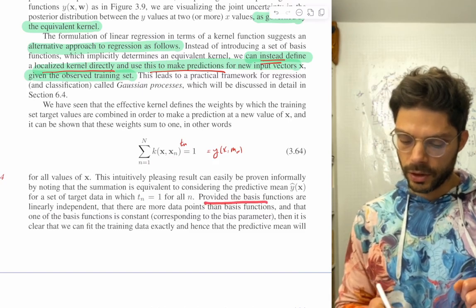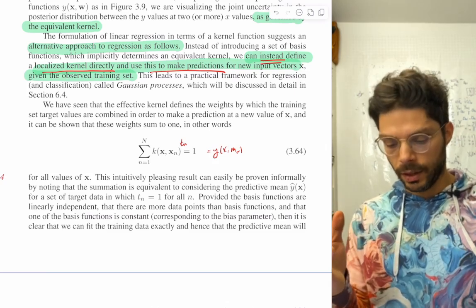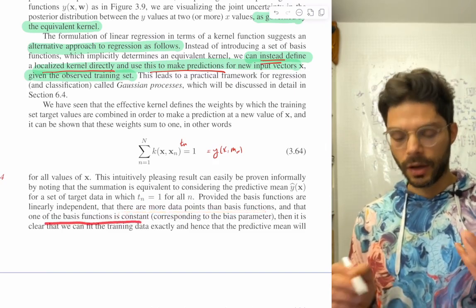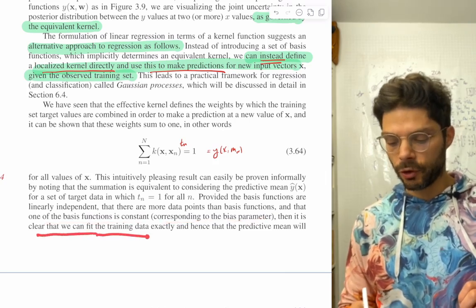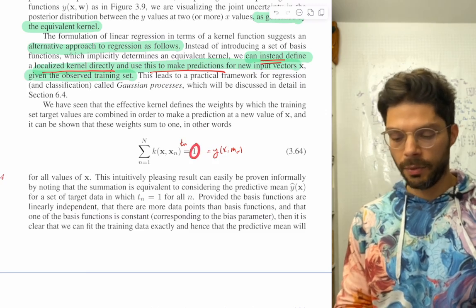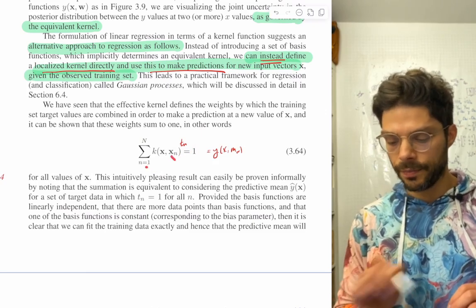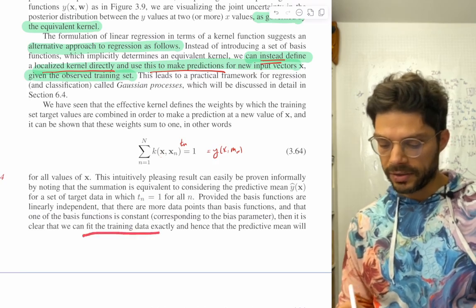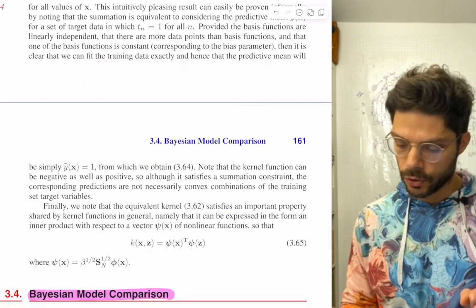Provided the basis functions are linearly independent, there are more data points than basis functions, and one of the basis functions is constant, corresponding to the bias parameter, then it's clear that we can fit the training data exactly. So the t of n's are all 1, the outputs are 1, and we can fit it. That means the only thing left is the sum of the kernels over data points at any point x. We can fit the training data exactly, and hence the predictive mean will be simply y hat of x equals 1, from which we obtain that equation.